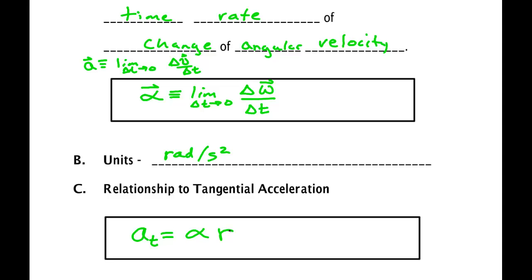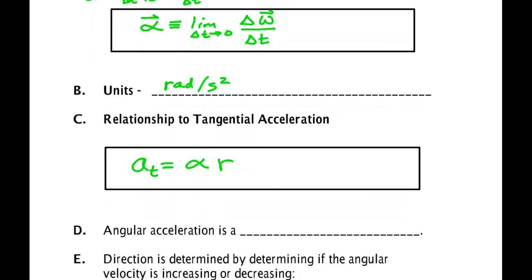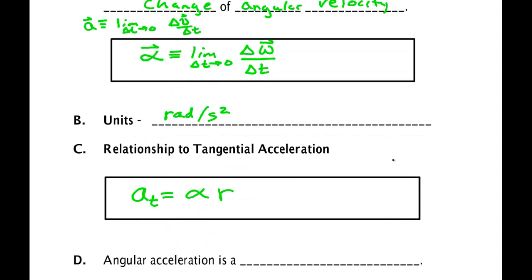Notice every time we cross the border from angle land to linear land, we multiply by the radius of the circle. For different particles on a disk, let's say there's a bug going around, and maybe instead of a bug there's a cat going around.